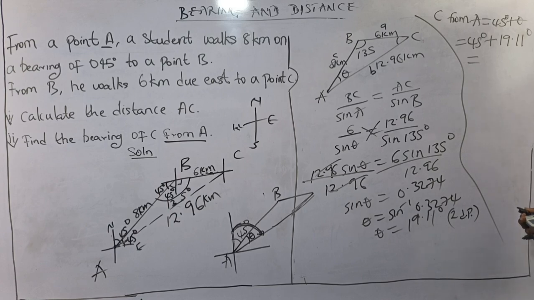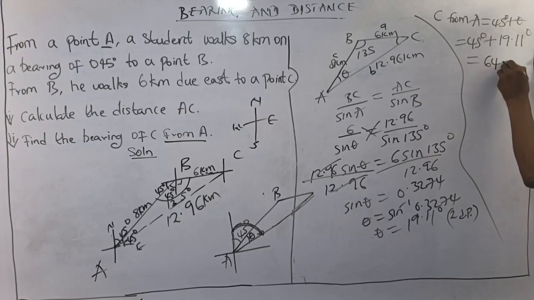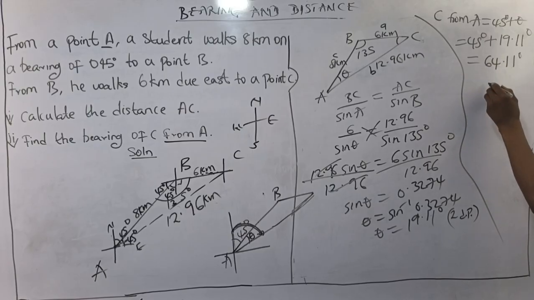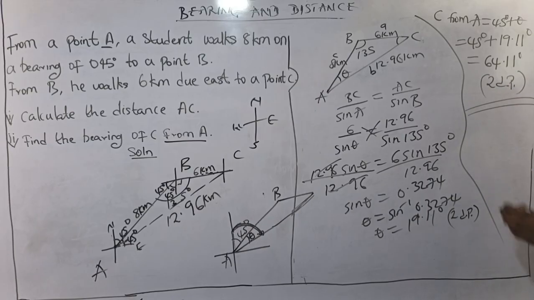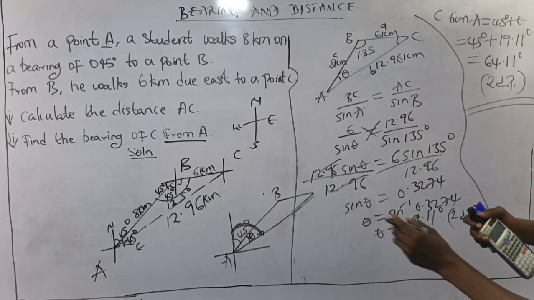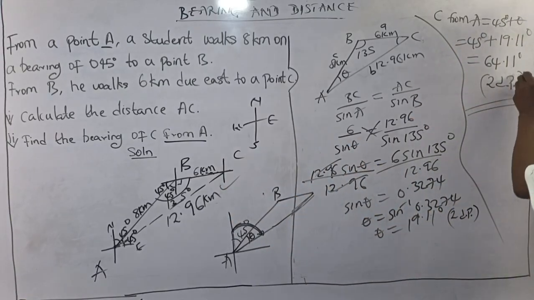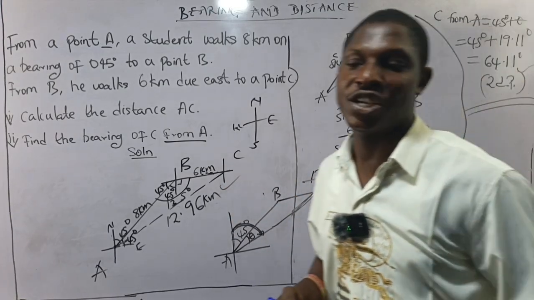And that will give me 64.11 degree to 2 decimal places. And this is my answer for the bearing. And this is my answer for the distance AC. Thank you.